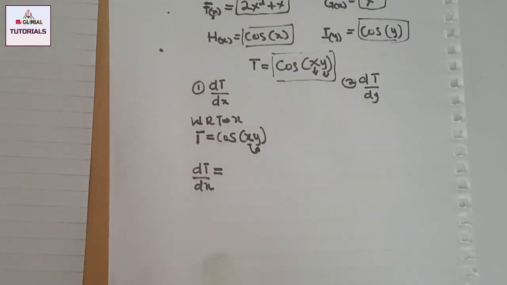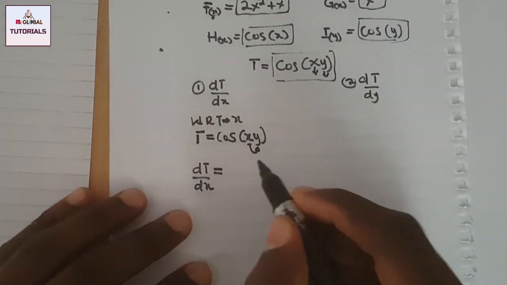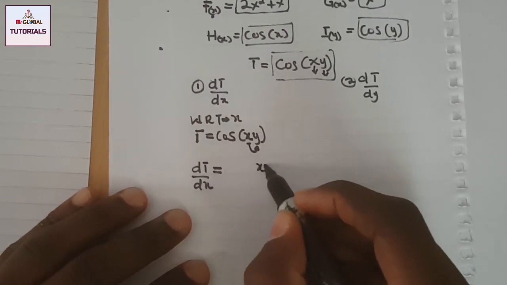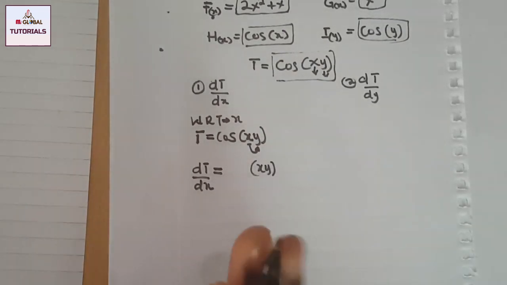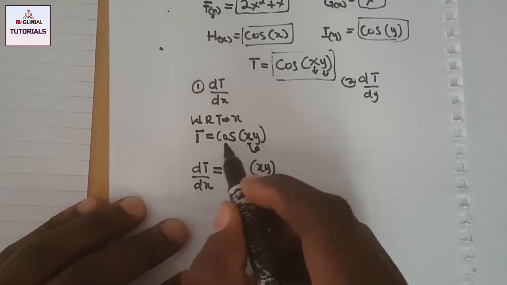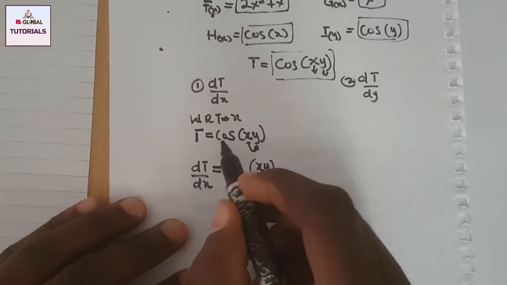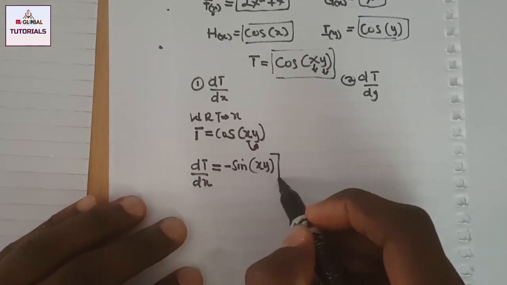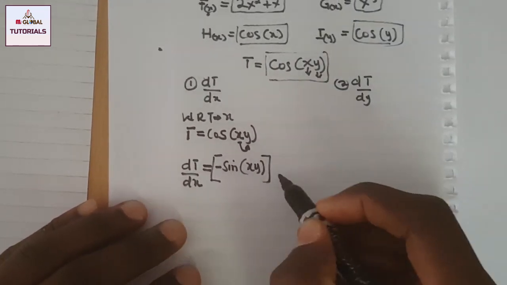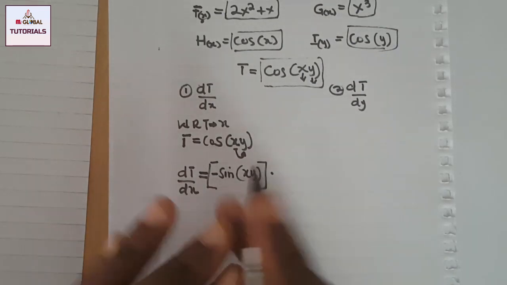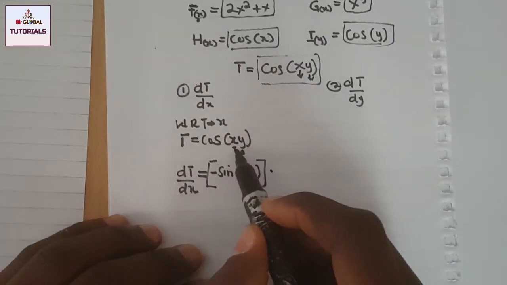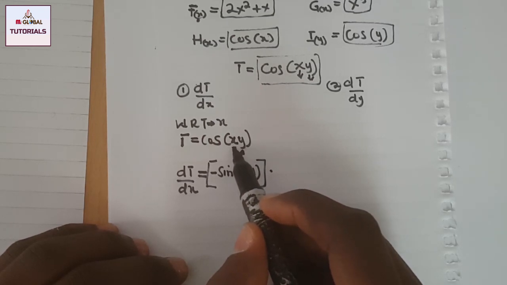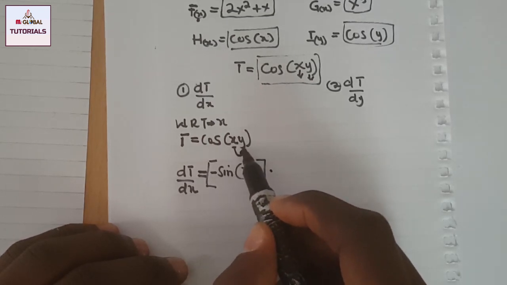Alright, take note, dt dx. Step 1: maintain the function in the bracket. So xy, put in brackets, maintain it. Then differentiate the trig function. When we differentiate cos, we get minus sine. Then we multiply by the derivative of what is inside the bracket as a whole. x is the independent variable, so y is a constant.